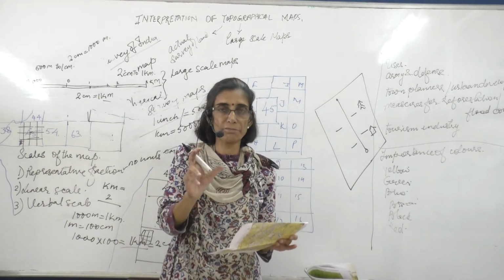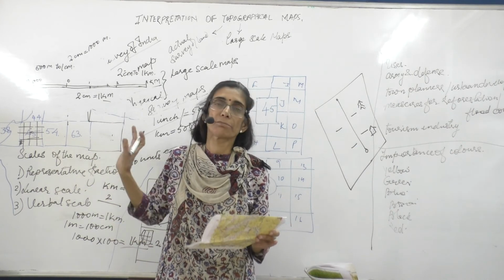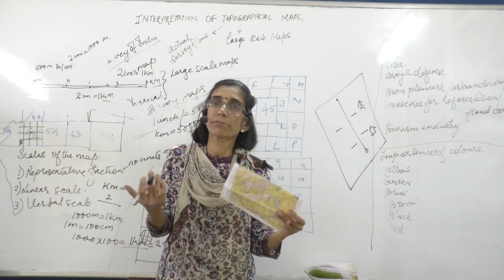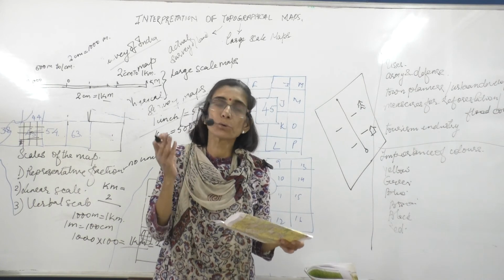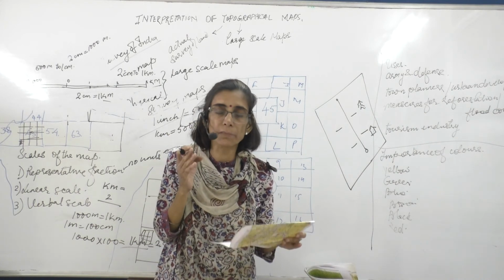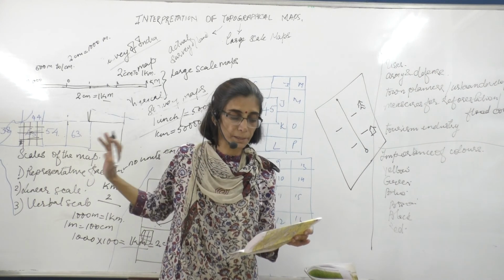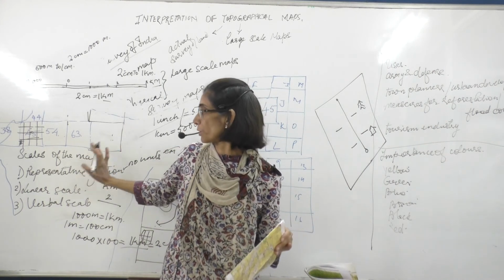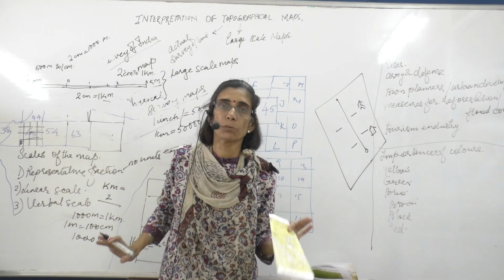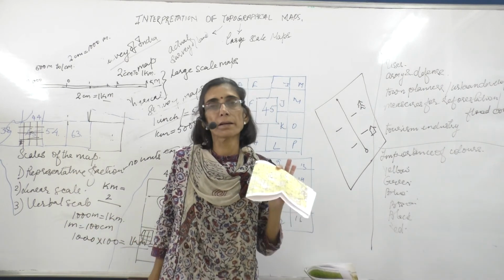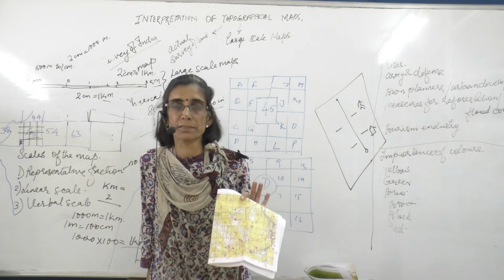You need to know the definition of the representative fraction, the scale which is used internationally. Okay, so this is your first part: what is the scale of the map and how it is being utilized.